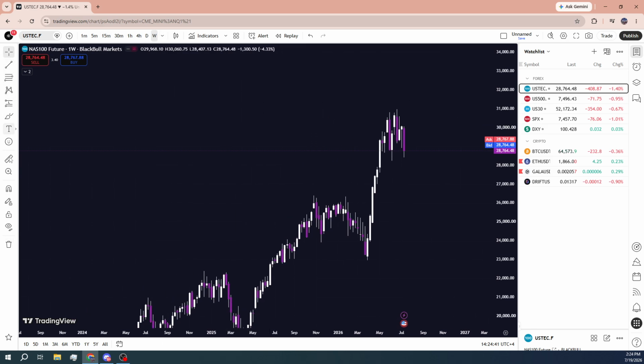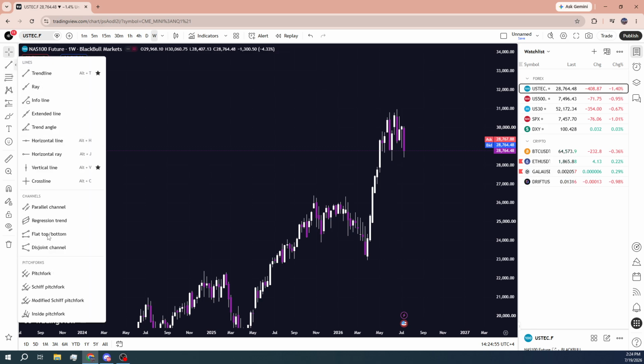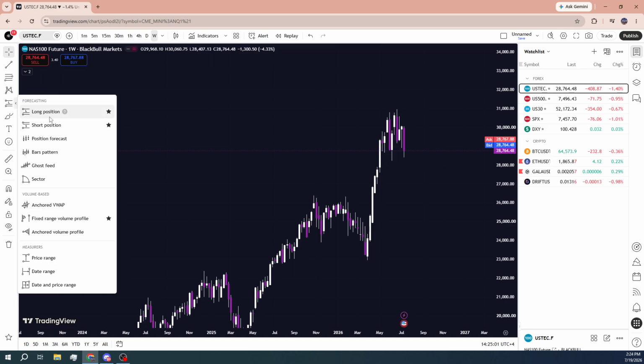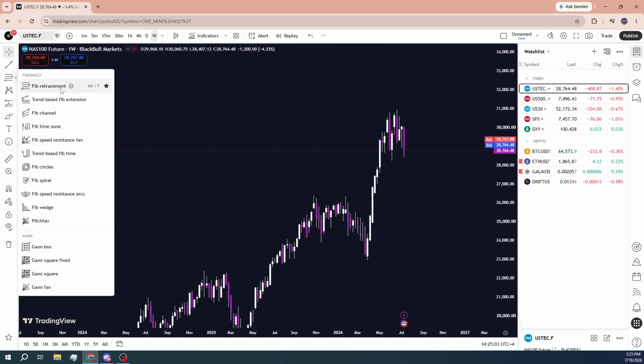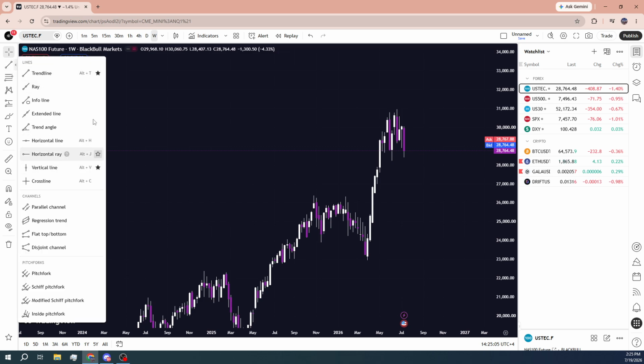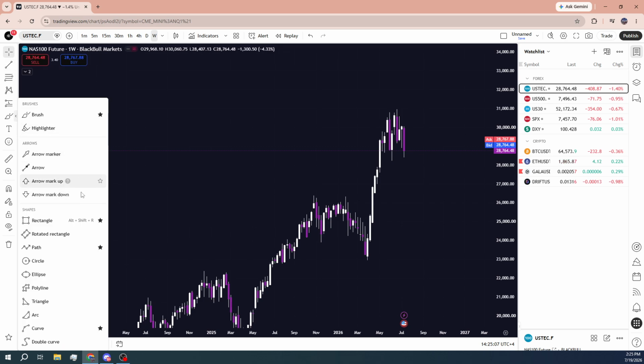And on the left side we have the tools that I'm using, okay? You don't really need the tools yet, because I did not really explain anything about technical analysis, but you would need them in the future. So just so you know, we have tools here and you can add the tools to your favorites, whatever tools you will be using. It can be long position, short position, it can be Fibonacci retracement, it can be the boxes, okay?